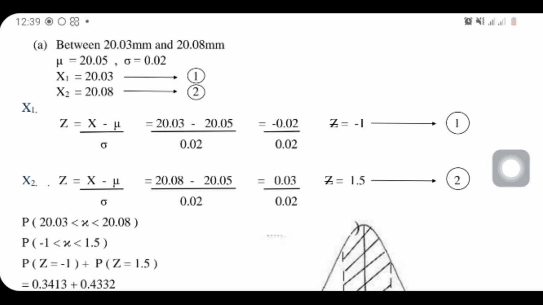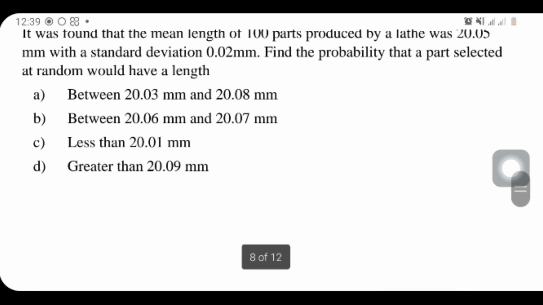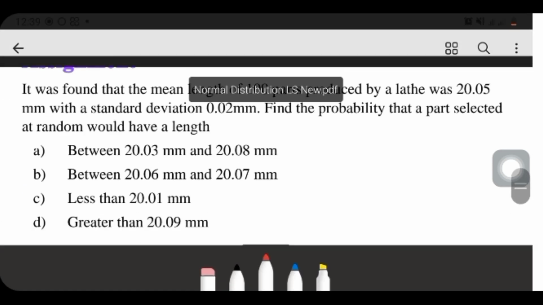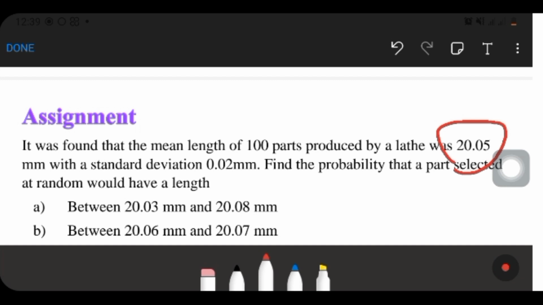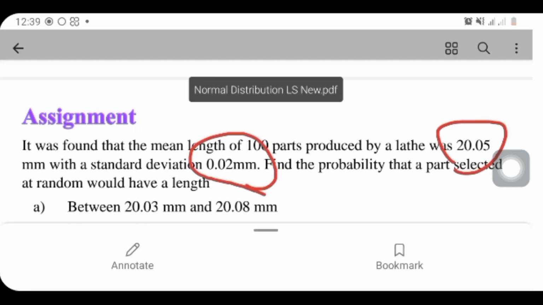Part A. According to the question, we have been given a value of 20.05 as mu, and we are asked about the probability of a length between 20.03 and 20.08. Here we have to standardize two values. First, you can see the mu value here, and the standard deviation is 0.02.